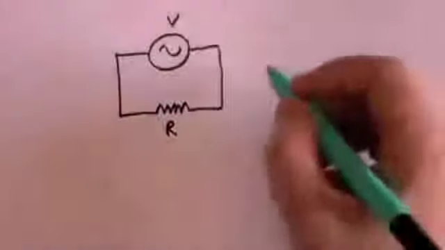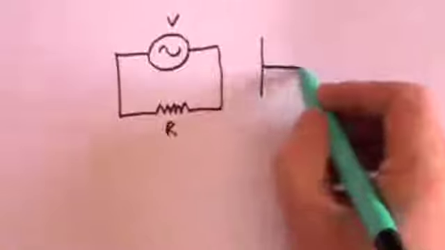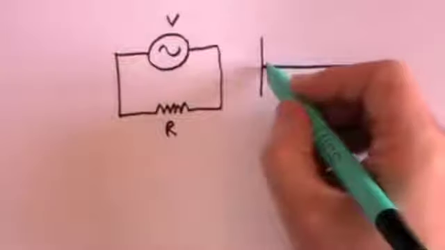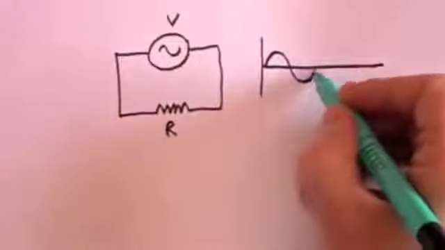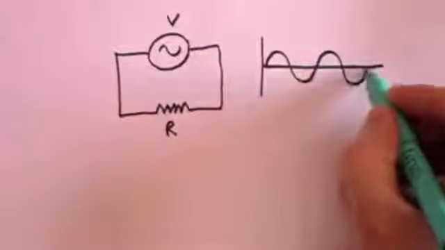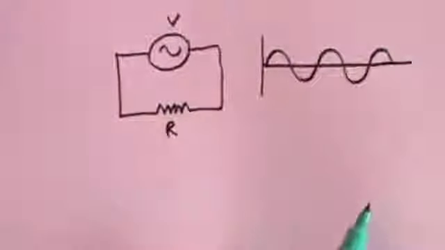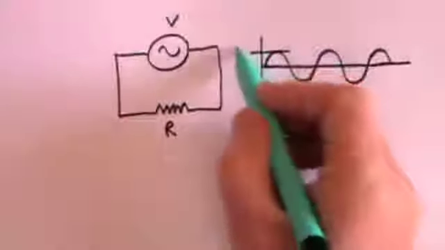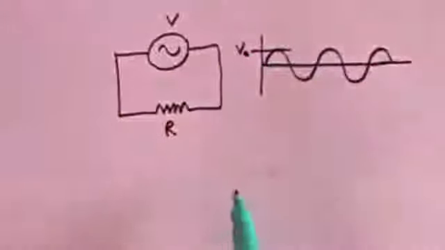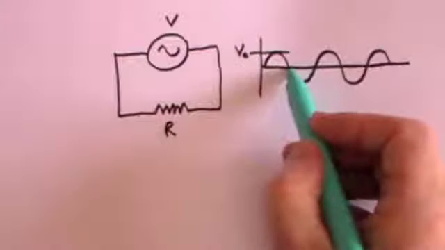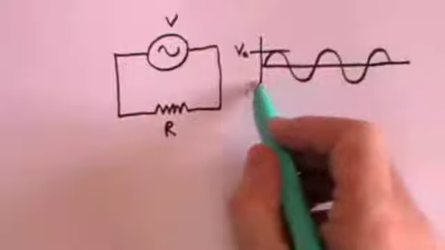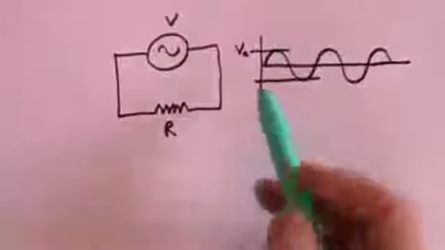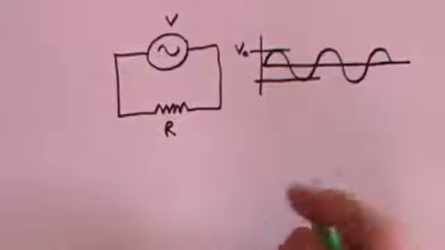What we now know is that that will produce an alternating voltage which goes as a sine wave, constantly up and down. As I say, in the UK, 50 times a second. And it will reach a peak voltage, which we'll call V0, then it will fall to 0, and then it will go to a negative peak voltage, which will be minus V0.